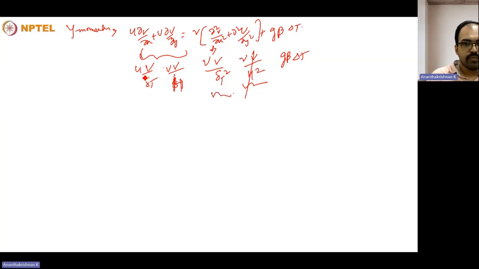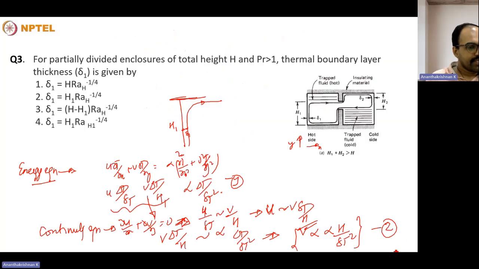Similarly, u could be written as v delta t divided by h. So the left hand side will be scaled as v squared divided by h, and the right hand side nu v divided by delta t squared, and the buoyancy term will be g beta delta t. So this will be 3. From 2 we could see the velocity could be scaled as alpha h divided by delta t squared.